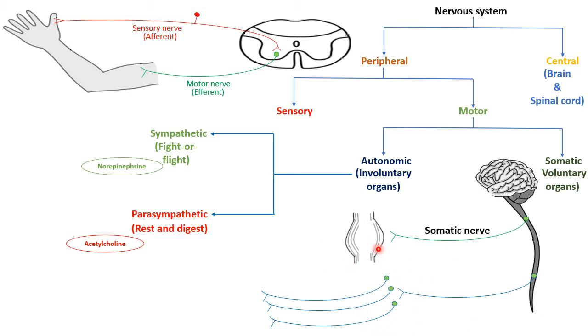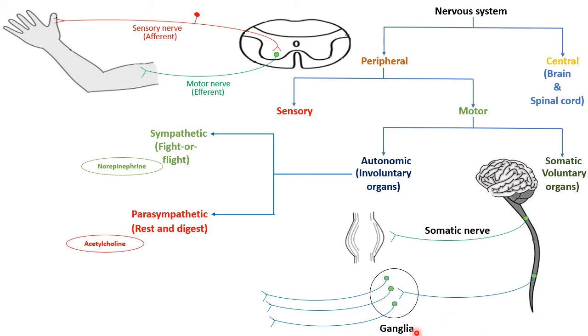And the collection of the cell bodies of these nerves, we call that area the ganglia. So there is a relay in the ganglia before supplying the involuntary organ. This is for the autonomic nervous system.